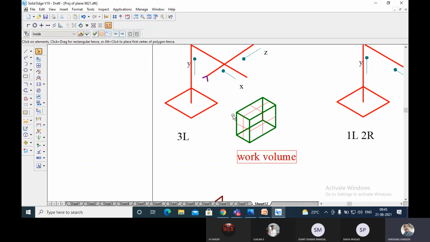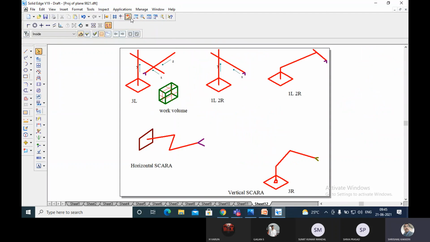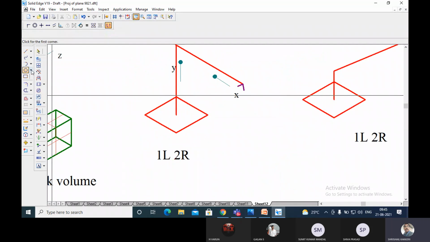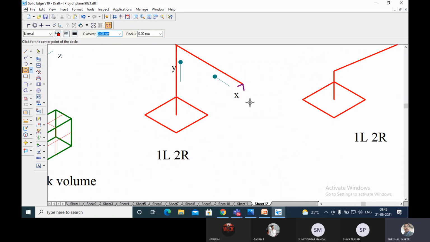See that all these will be uniform in shape. And next, let me come to the work volume of this. All these I'll be showing here only, so you can remember it.